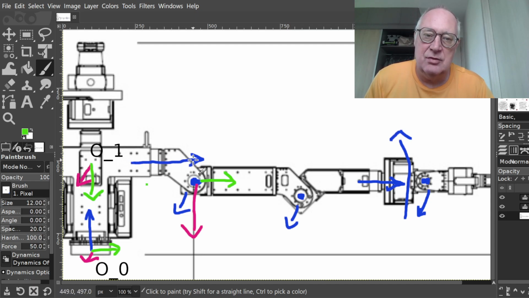And then I need to translate along X from here to there. So here we have 573, and here I have 500.